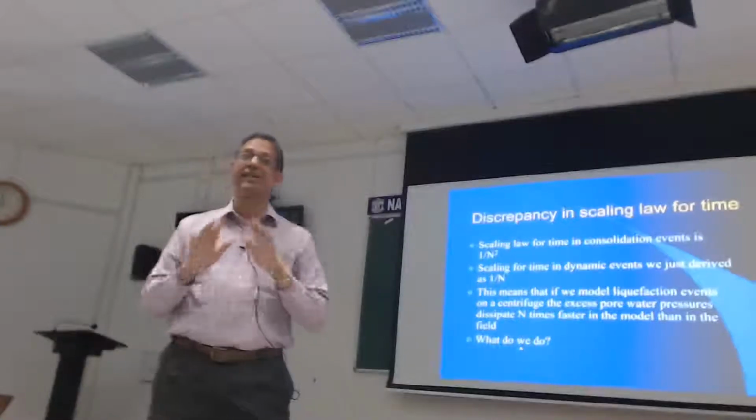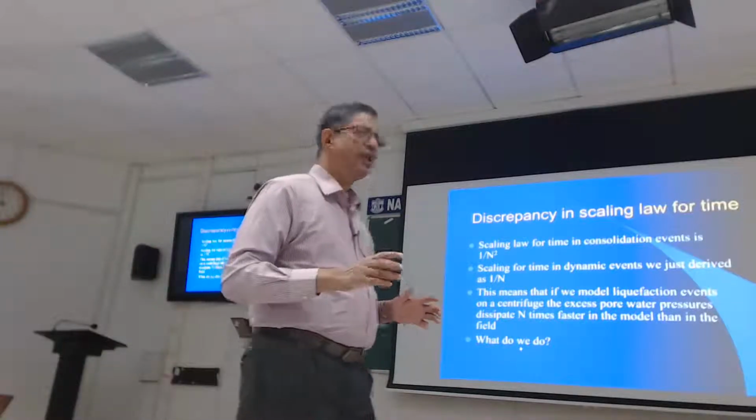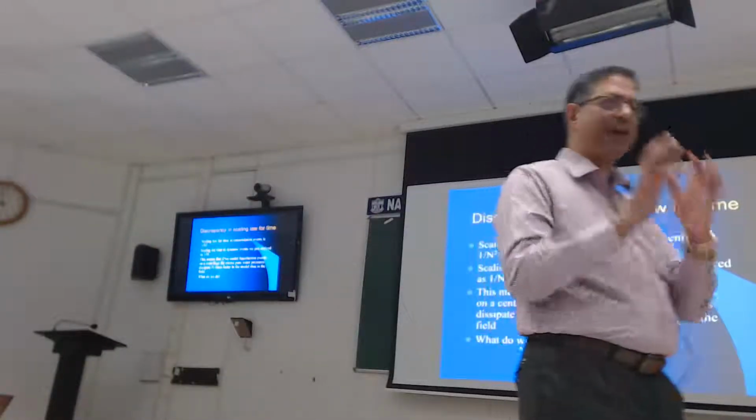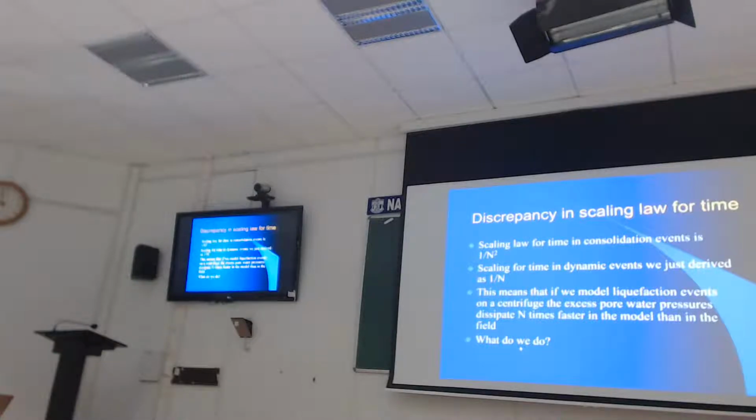Now, this is a real problem. You cannot have the same parameter, in this case time, scaling differently for the static part and differently for the dynamic part. That is going to make centrifuge modeling impossible.